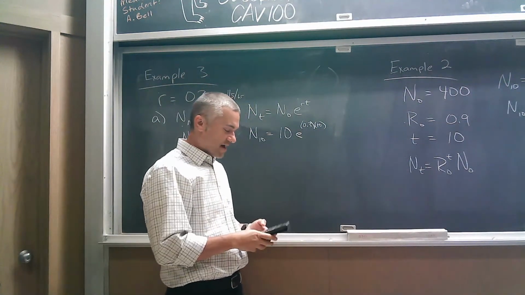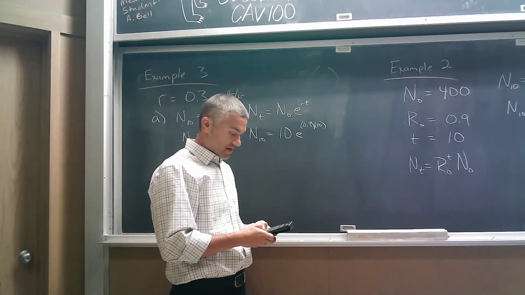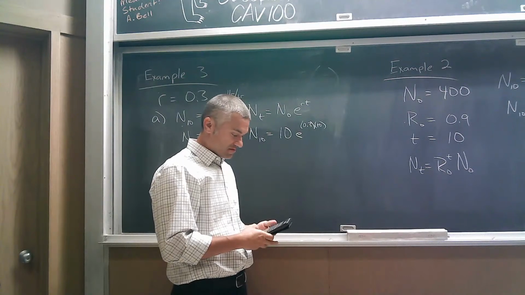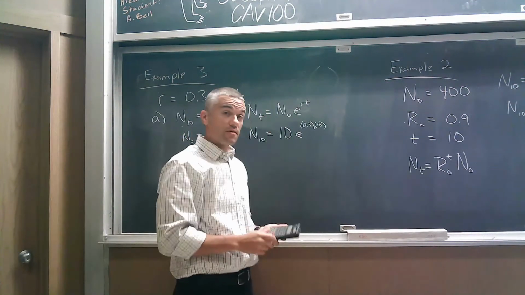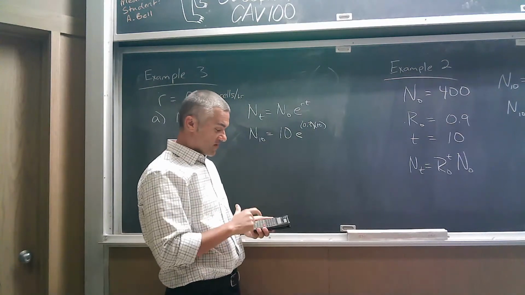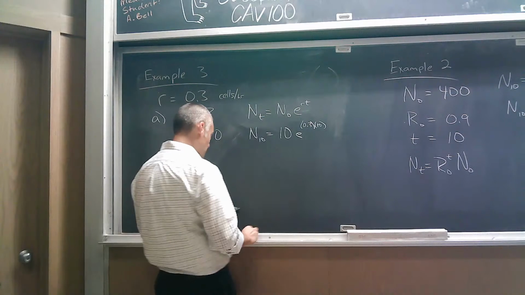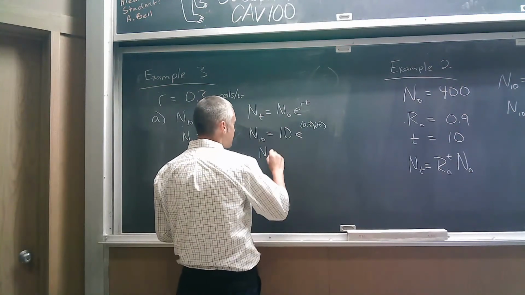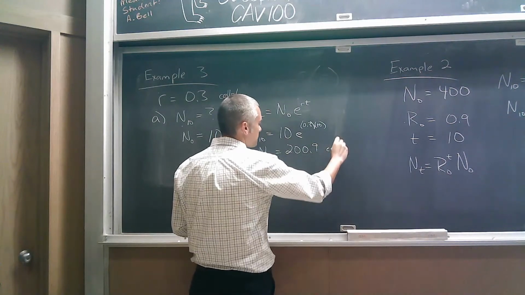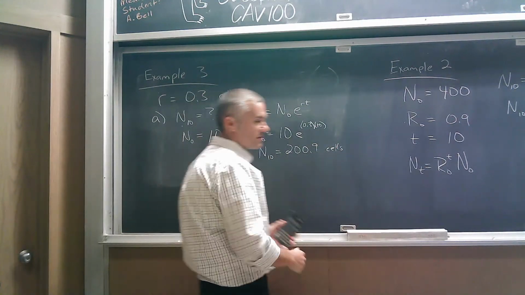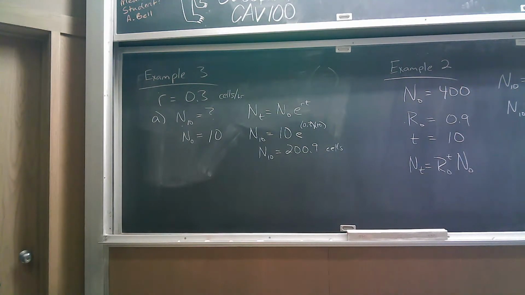So I've got e to the x, where x is 0.3 times 10, so e raised to the third power. I get my number, and then I multiply that by my starting population size. I get 200.9 cells. That's what we expect in 10 hours.